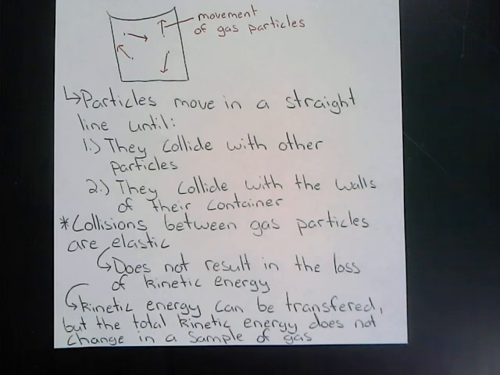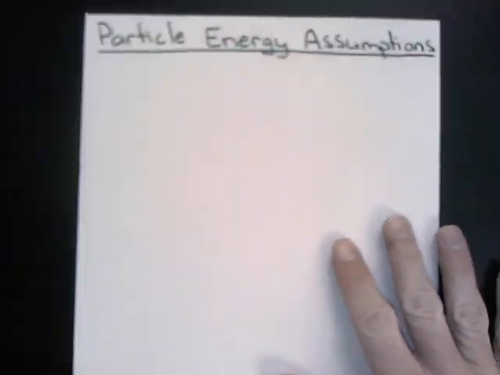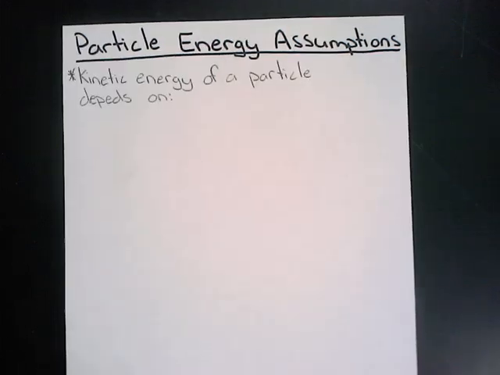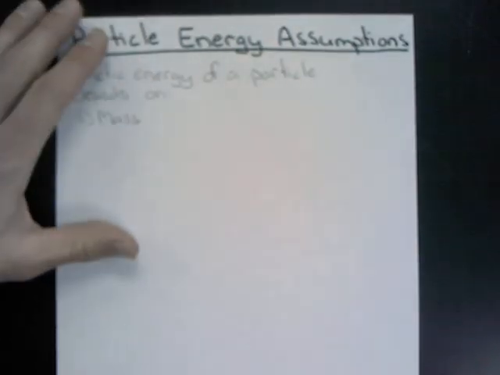The next assumption is the particle energy assumption. With the particle energy assumption, the kinetic energy of a particle is going to depend on the following 2 factors. The first factor is the mass. The second factor is the velocity of that particle.